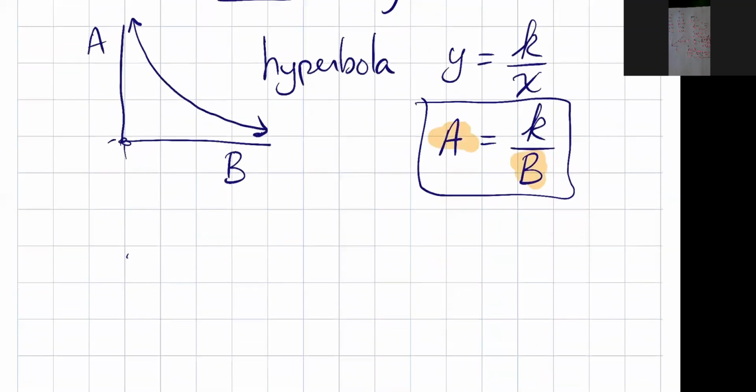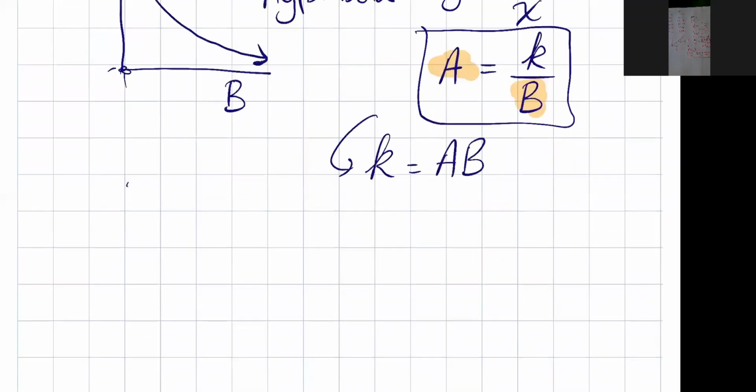Now, if you were to play that same game of rearranging that, we could say k, the constant, is equal to a times b, which means whenever you take a pair of values from your data table, if it's an inverse relationship, then the product, a times b, will always give you the same answer, this constant k. So if you had an a1 times b1, a data point from your data table, and you multiplied them like that, you'd get k.